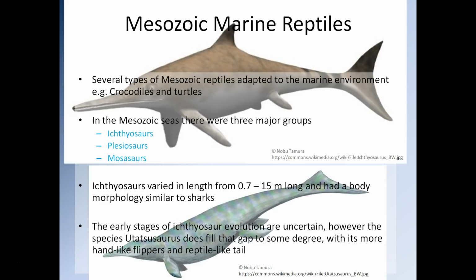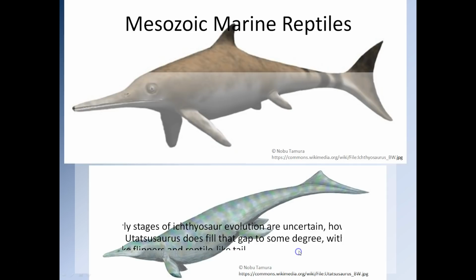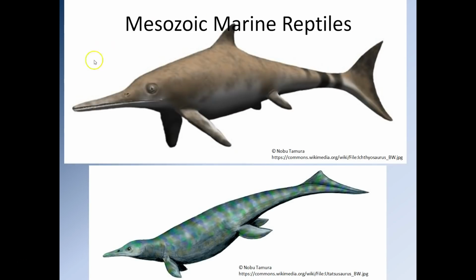So the early stages of ichthyosaur evolution are uncertain. However, we have the species Utatsusaurus, and that does fill the gap to some degree. And you can see a picture of one back here, just behind there in green, with its more hand-like flippers and reptile-like tail. If you go to the pictures, the top one is a standard ichthyosaur.